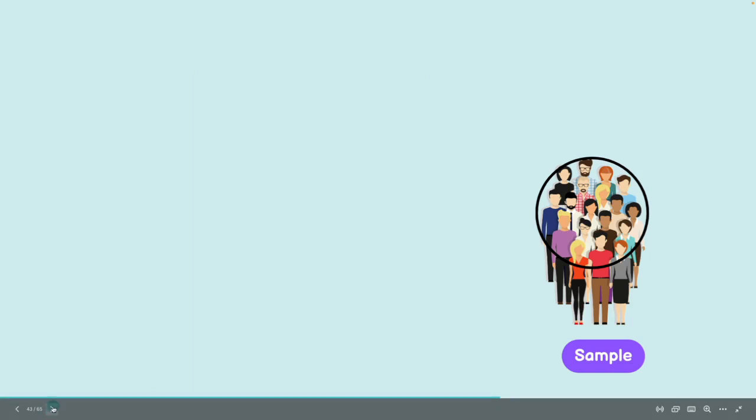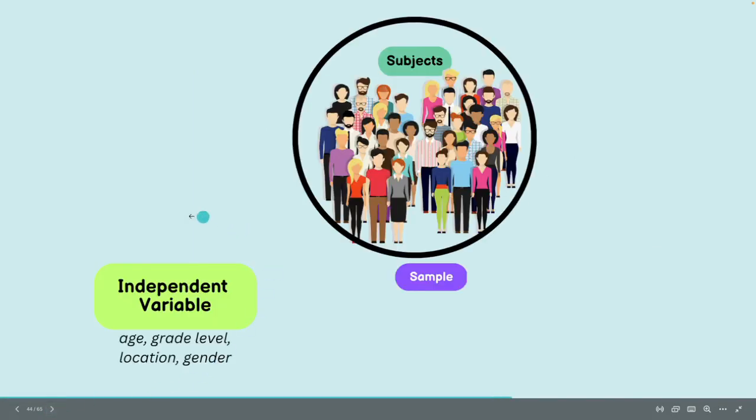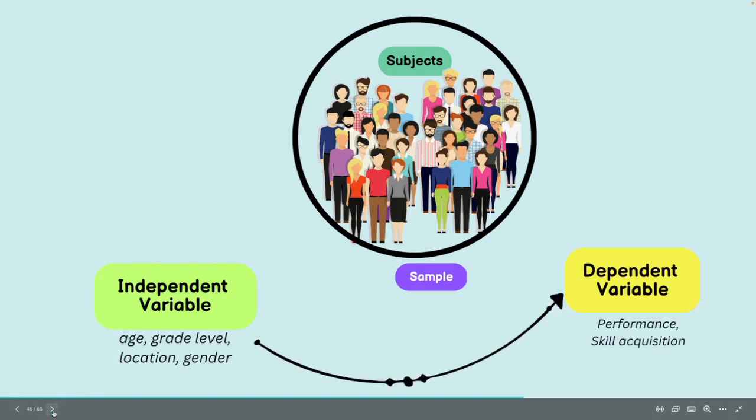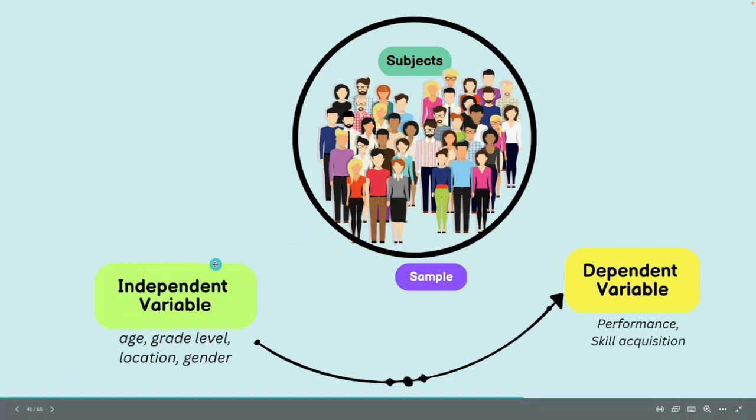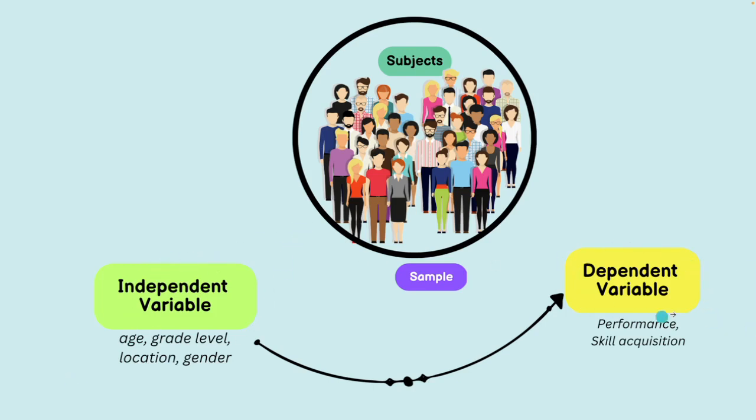So we have our sample, and now we can get some characteristics, some features, which we call the independent variables, and we measure the independent variables from the subjects in our sample, and we are going to then determine what is the relationship between this variable, the independent variable or the predictor variable, and the outcome.